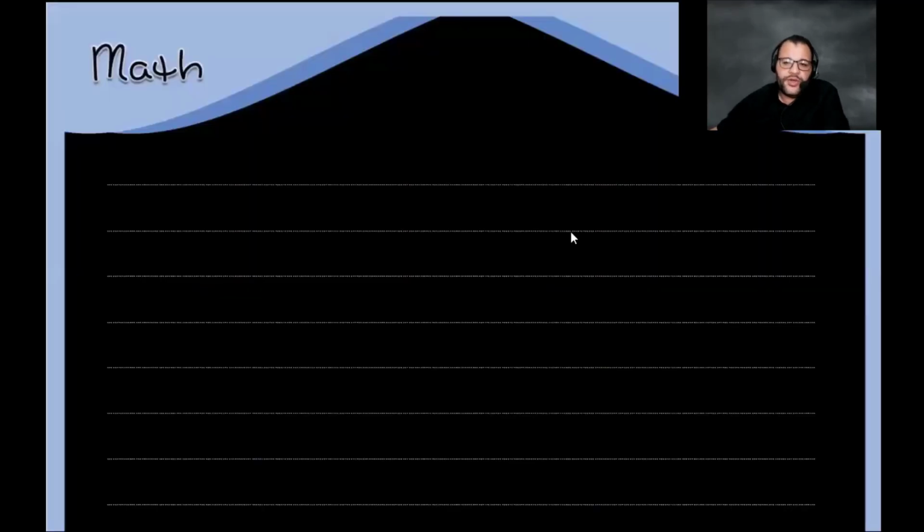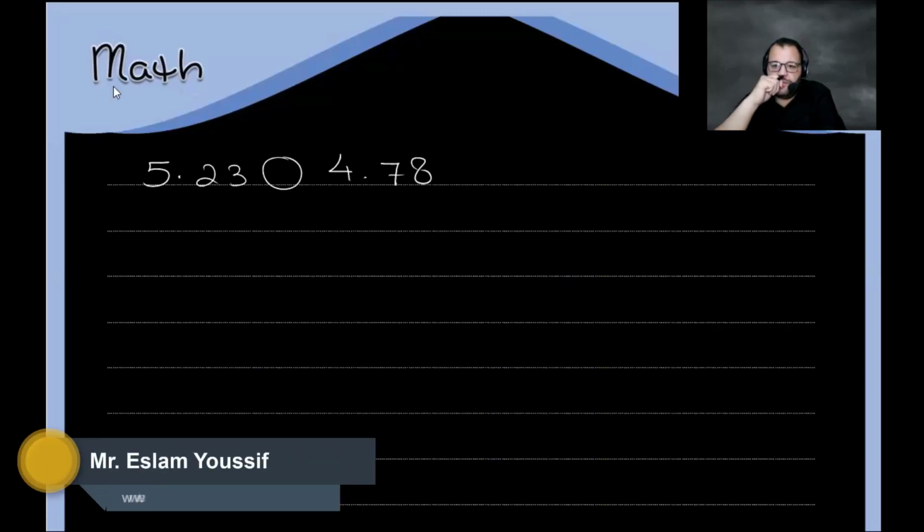If you want to compare any two decimal numbers, all we have to do, just suppose that we have a number 5.23. We need to compare it with 4.78. How can we compare between them? Walid, what is the answer?